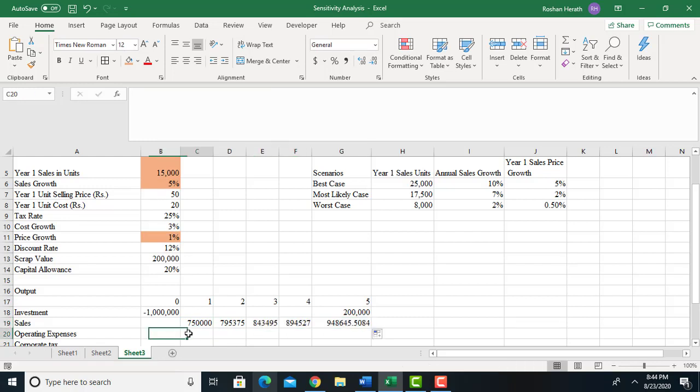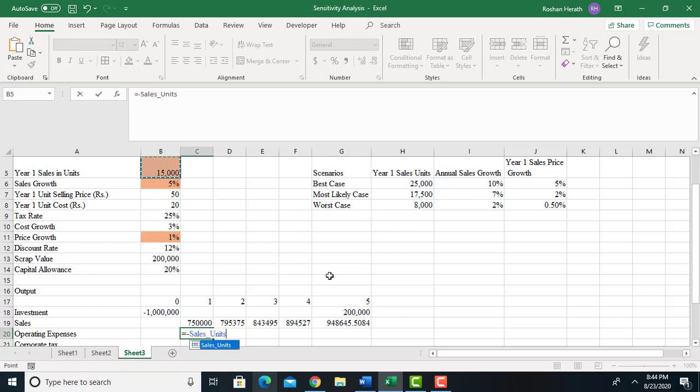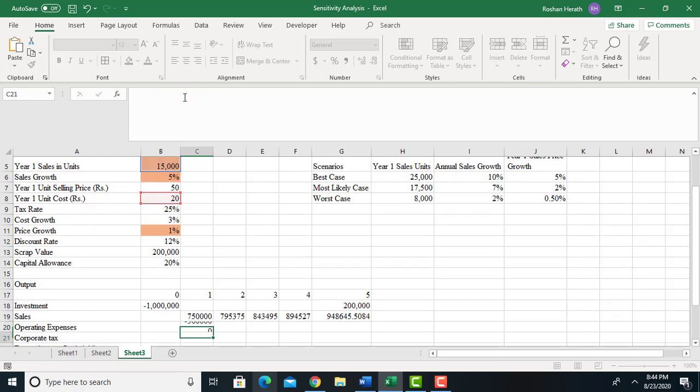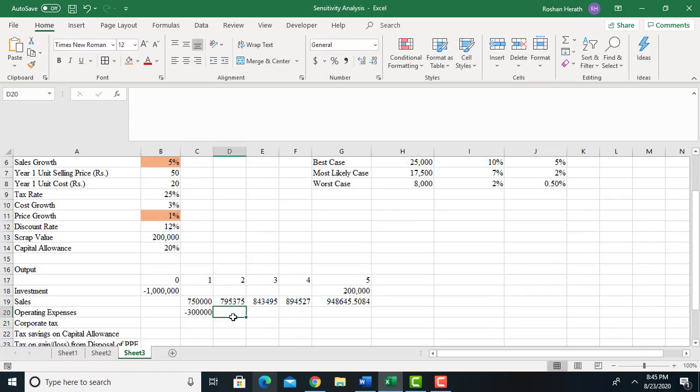Then you can go to the operating expenses similarly. So it would be the cost. You can take the sales unit multiplied by the cost. So it's the first year situation.